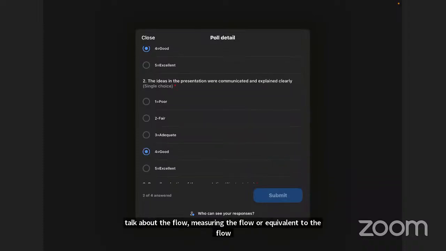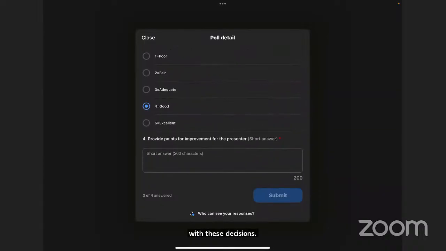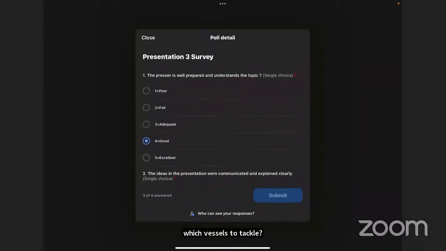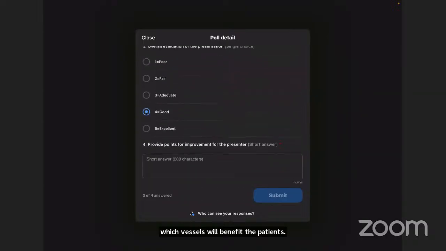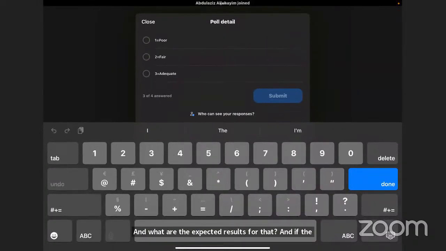With these decisions, the CT scan can tell you which vessels to tackle, which vessels are useless to tackle, which vessels will benefit the patients, and what are the expected results for that. And if the expected results are not as good, it will reflect on the technical aspects.